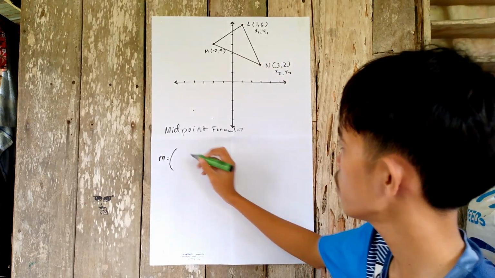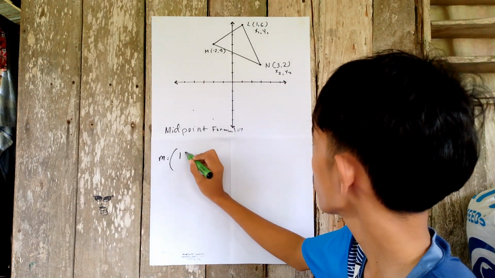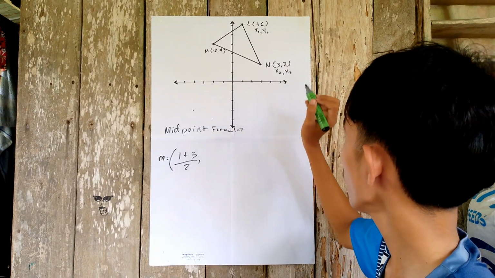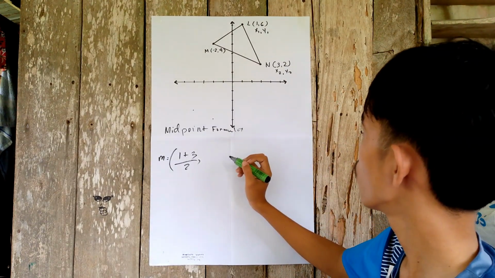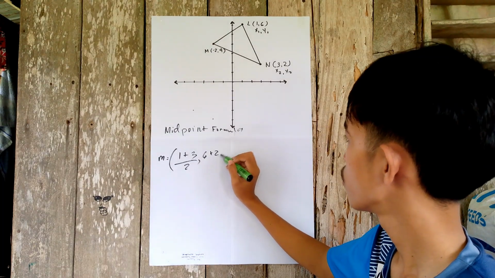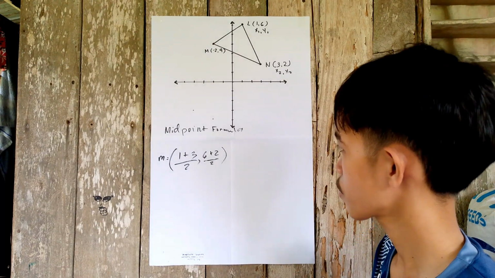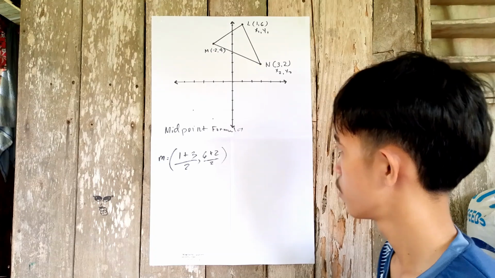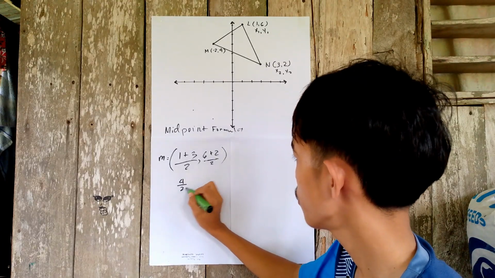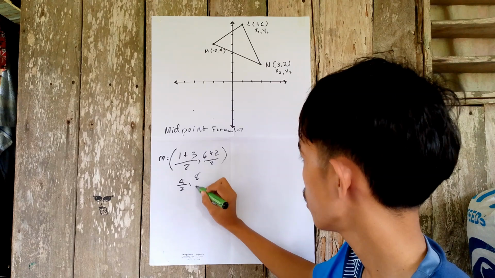So our x1 is 1 plus x2 is 3 over 2, and y1 plus y2, so 6 plus 2 over 2. So 1 plus 3 is 4 over 2, and 8 over 2.